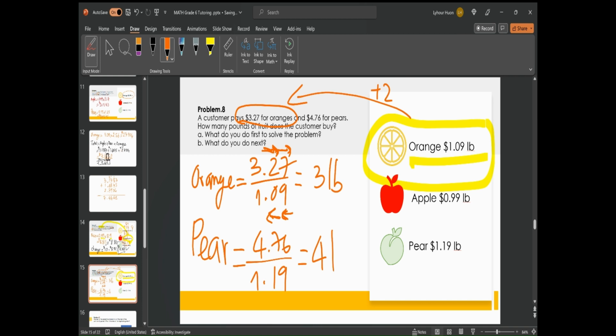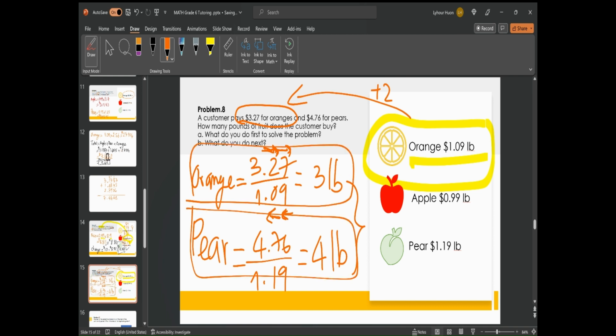Wow, did you calculate it or just guess? Oh, but that is correct. If we divide this, we get 4 pounds. So you will receive 3 pounds of orange and 4 pounds of pear with this amount of money.